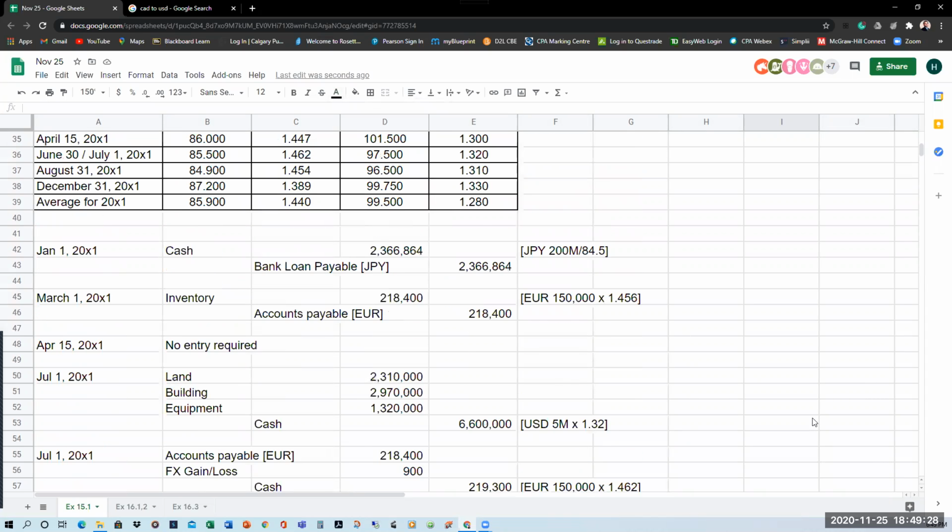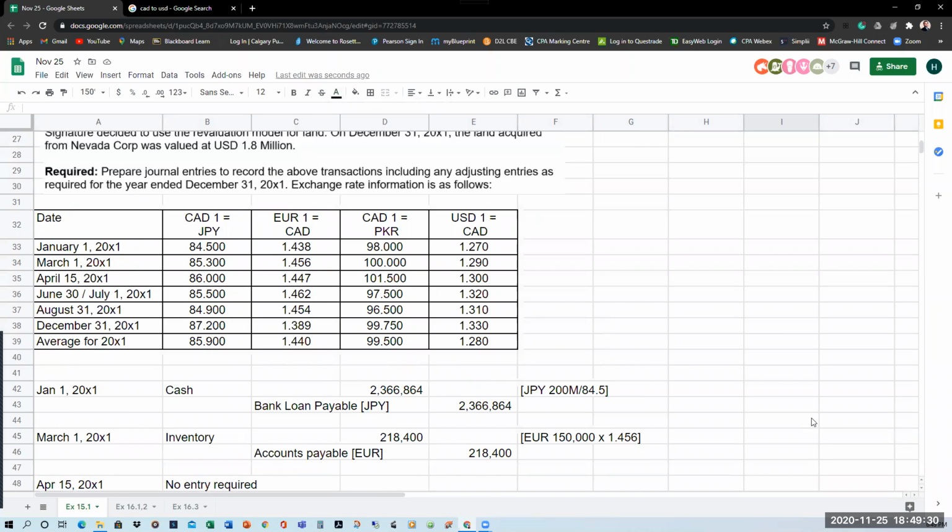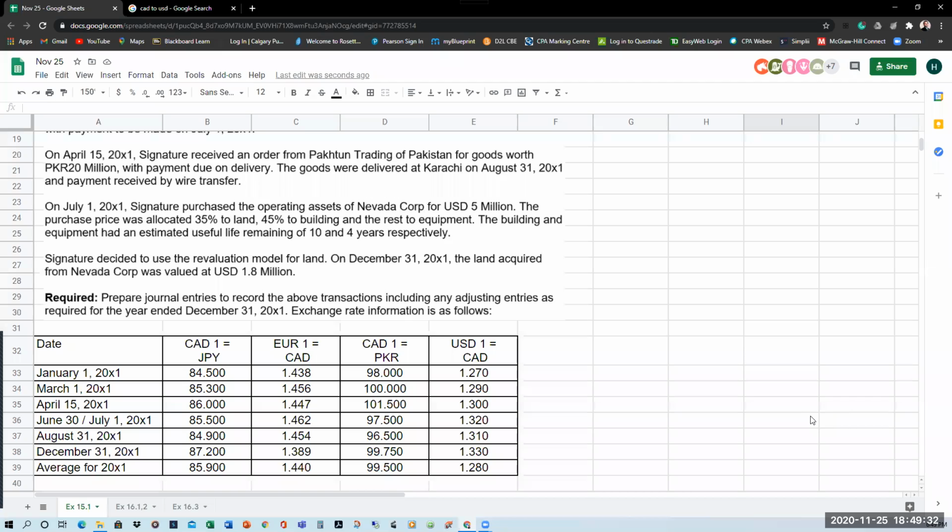December 31st is also the year end for this company. So you have to think about the adjusting entries. So hopefully you'll remember that the building and the equipment that we had bought from Nevada Corp have limited lives. The building had an estimated useful life of 10 years. The equipment had an estimated useful life of 4 years.